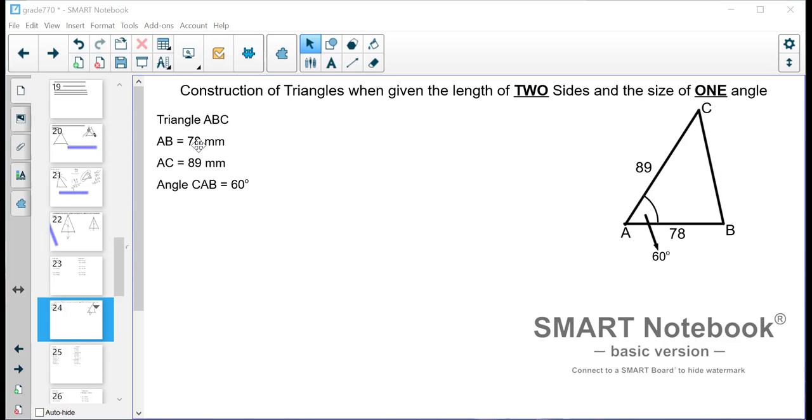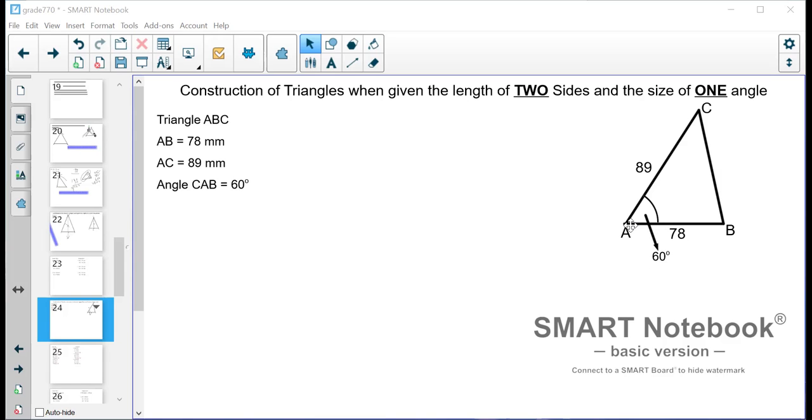AB, in this case, is 78 millimeters. AC is 89 millimeters, and the angle CAB is 60 degrees. Now, on the right here, you would see a triangle that represents these given dimensions. Of course, it's not accurate, it's just a representation.